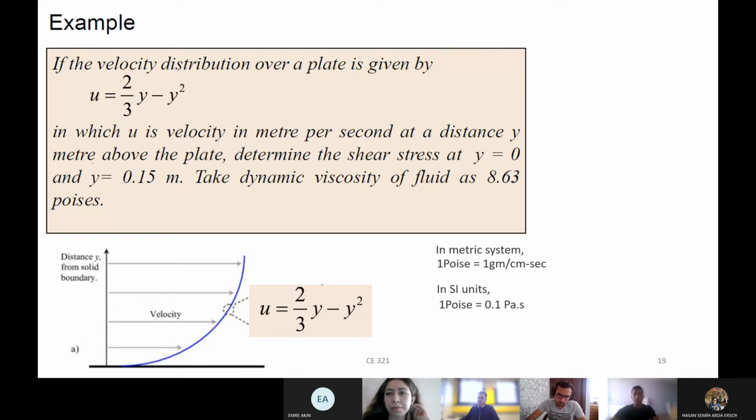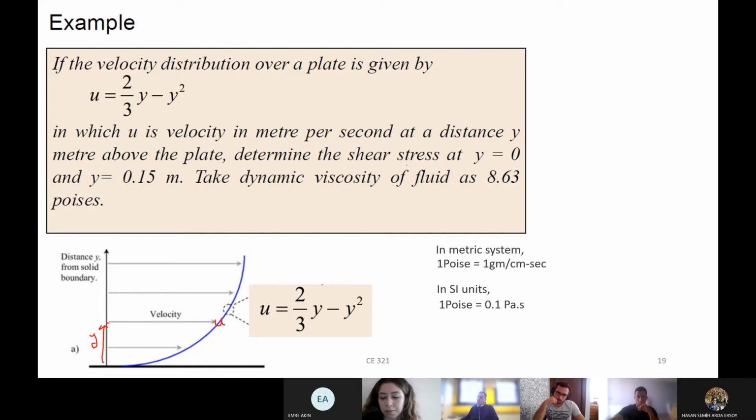The curve is given, in which u is velocity in meter per second, at a distance of y. For example, if this distance from here is y, then the velocity of the liquid equals u.